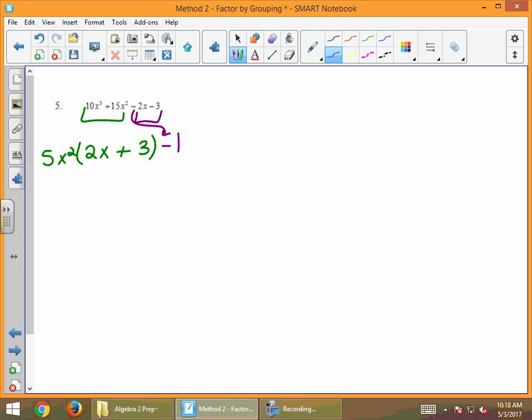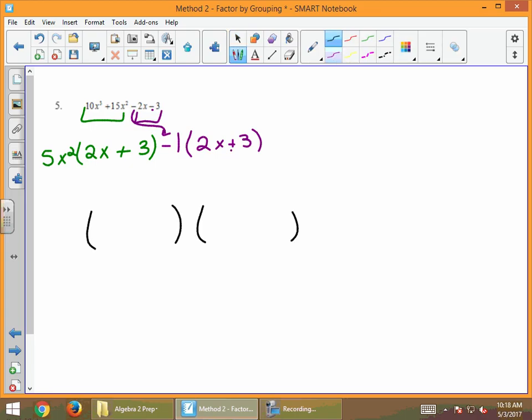There has to be a placeholder, there has to be a number there. So in this case, this is where we can write that 1. And then what do our leftovers have to be? 2x plus 3. Again, the reason why this sign flips is because this GCF is negative. So flip your signs.